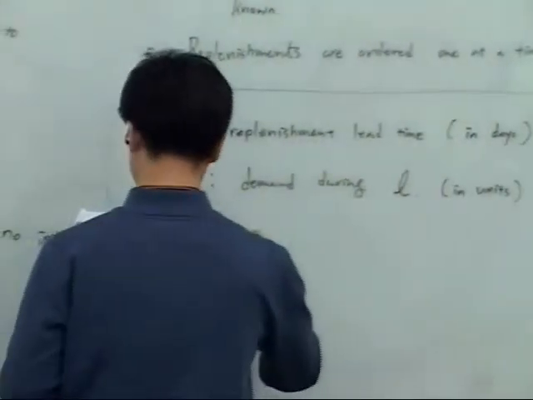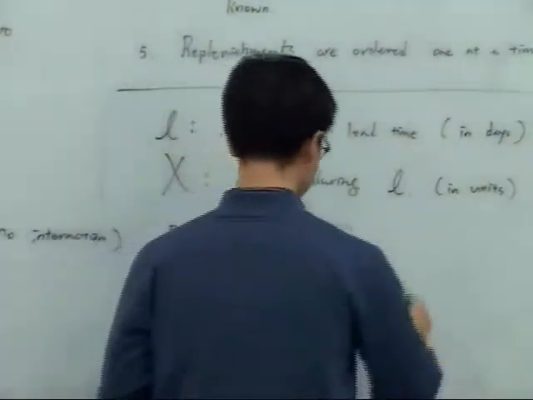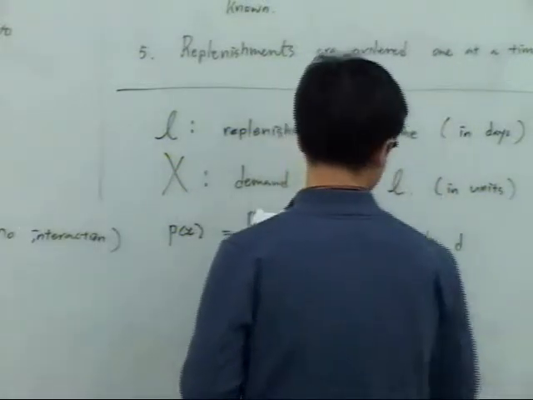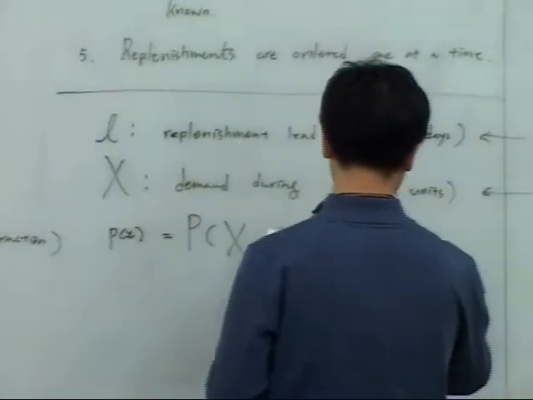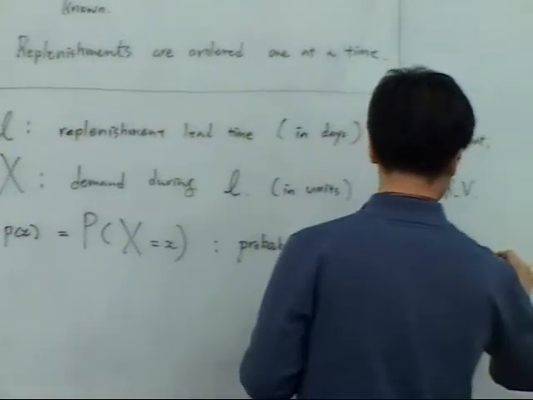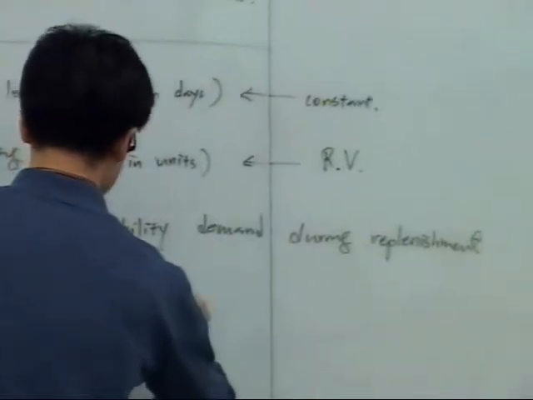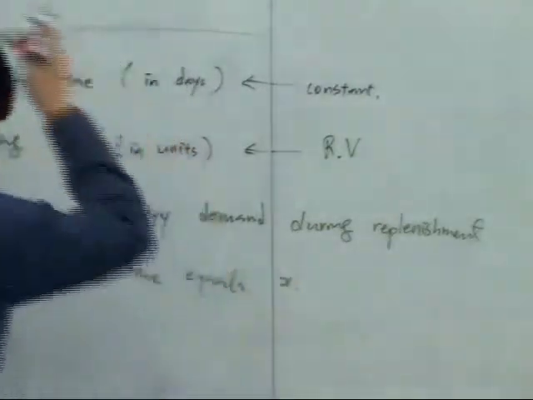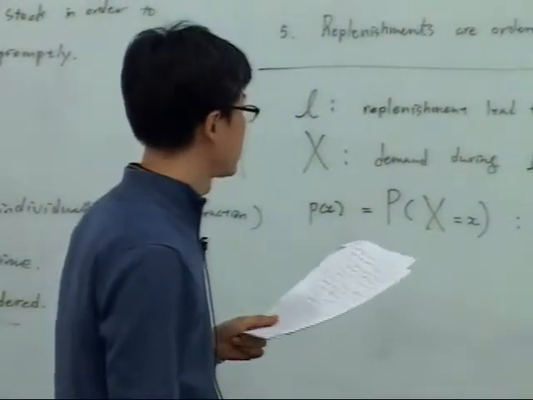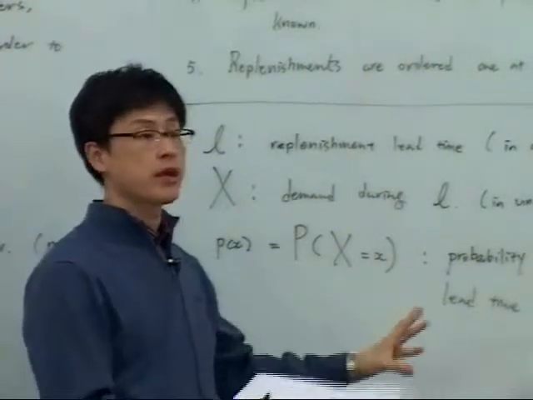And also small p of x is large P, large X equal to small x, which means the probability of demand during replenishment lead time equals X. In the previous model, we assumed a CDF, the probability that demand is less than some value.